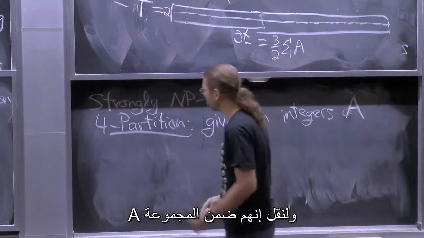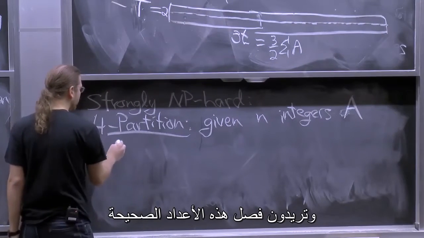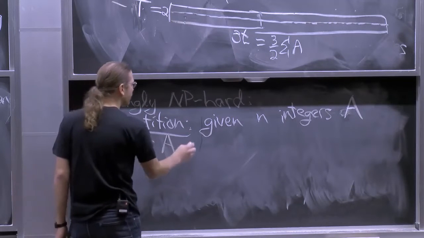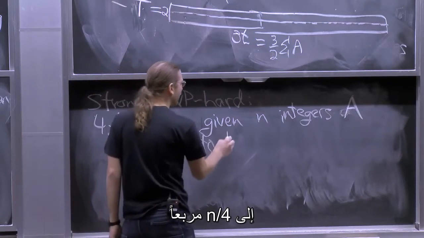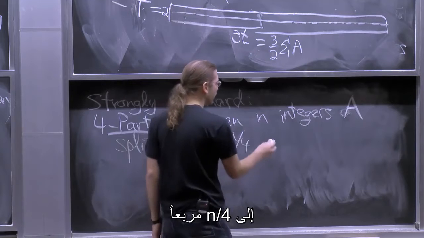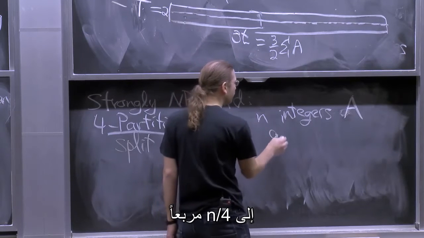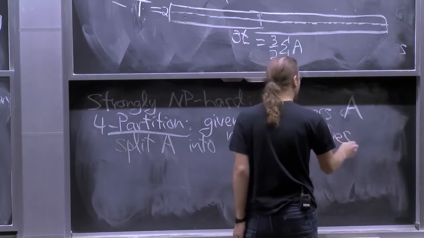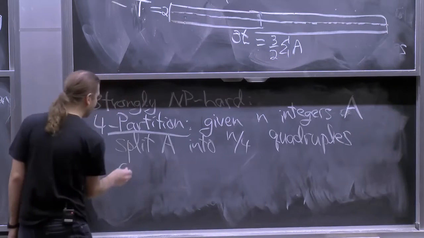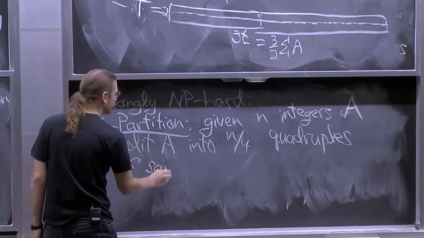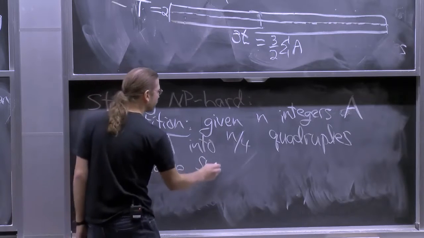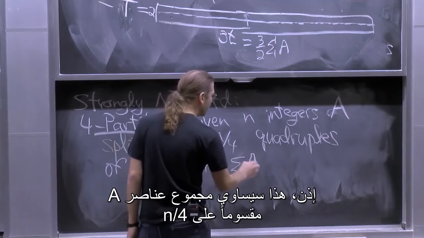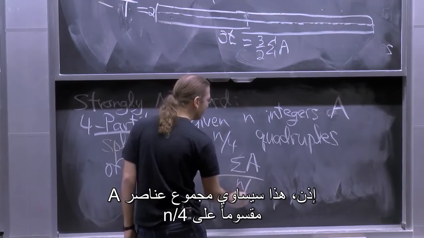Say the set is A. And you want to split those integers into n over 4 quadruples of the same sum. So this would be the sum of A divided by n over 4.